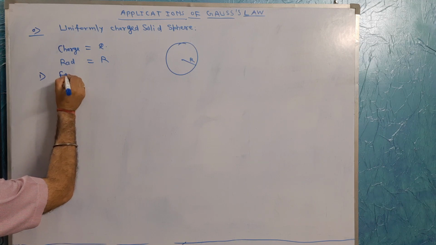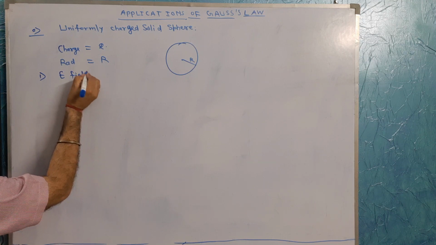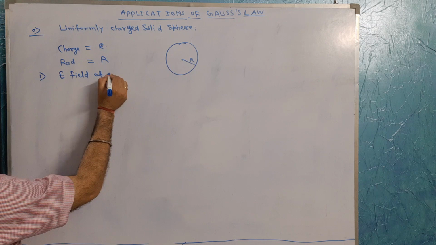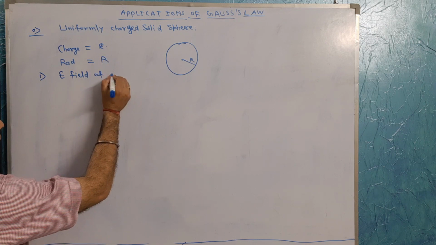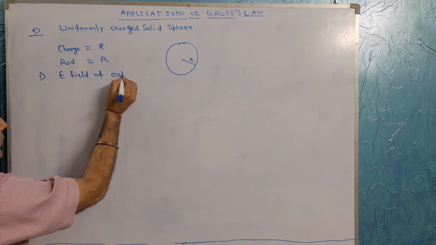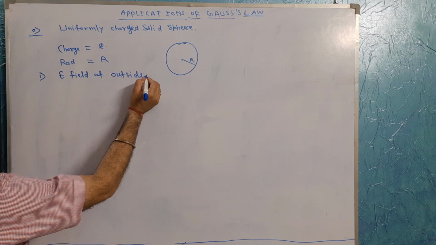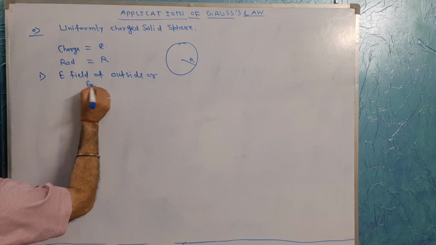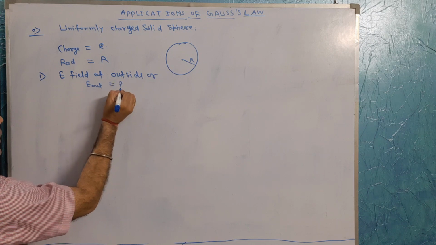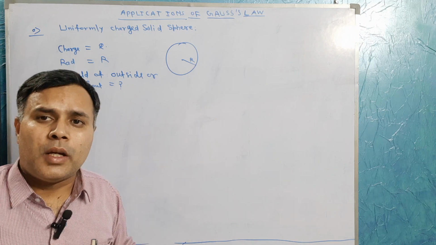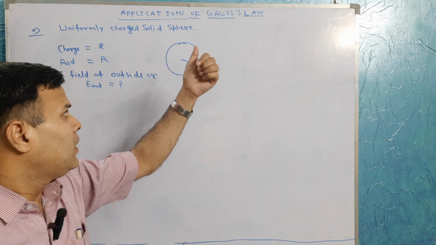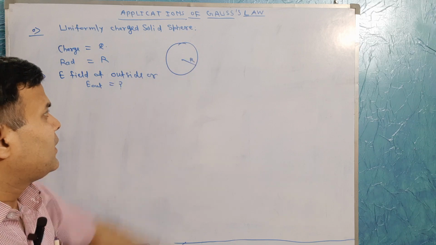First, the electric field at point P outside: what is E outside, what is the expression of electric field at any point P which is outside the sphere.